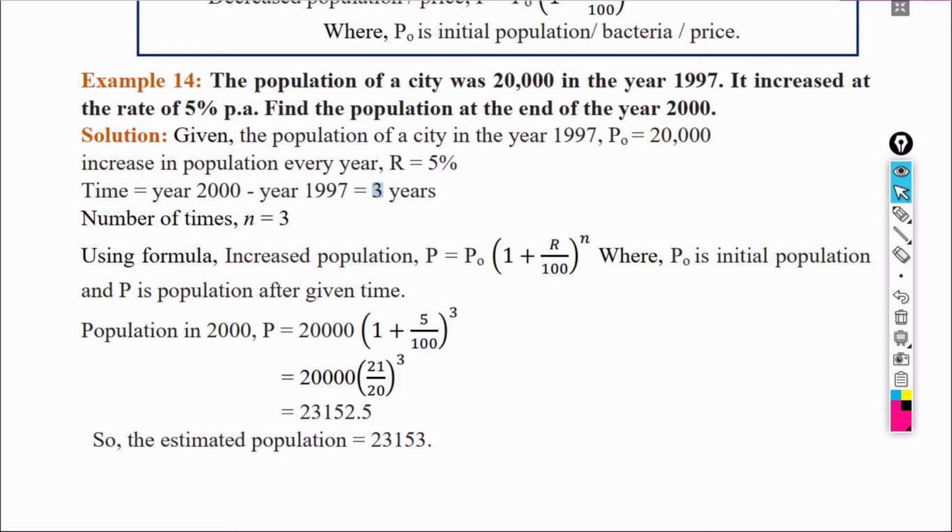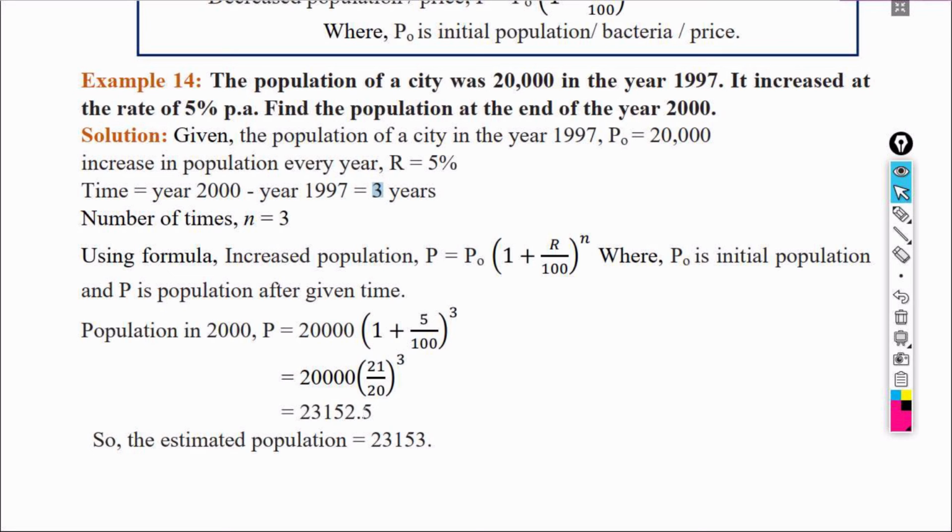Put these values in the formula and simplify. You will get 23,152.5, and you cannot say population in fractions.